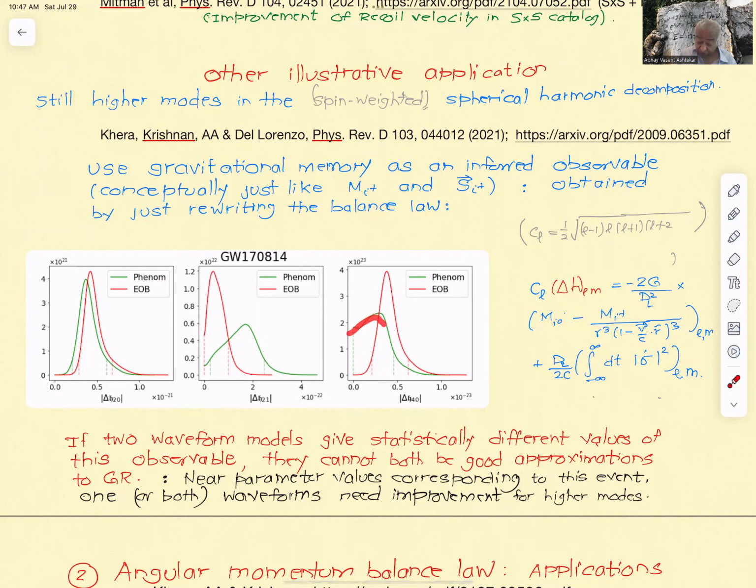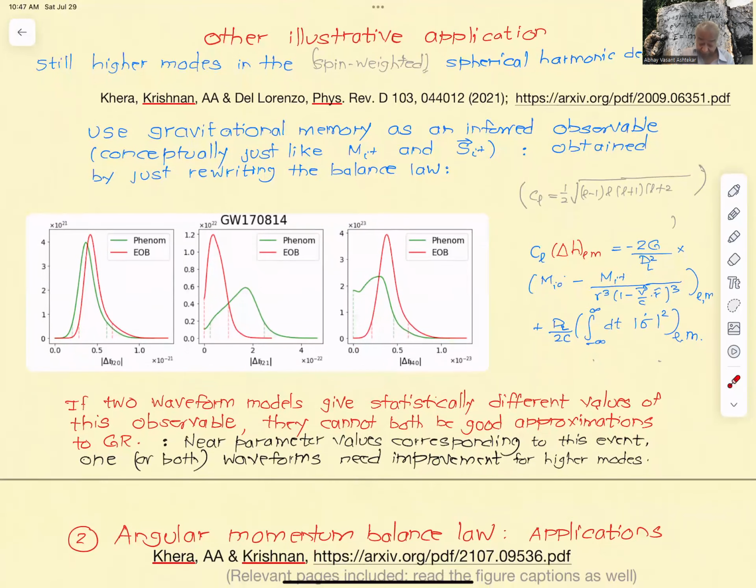In particular, for the Phenom model here, the shape is very strange, and you feel that somehow the observable is not being well measured here. And this waveform model gives statistically different values of this observable. So they cannot both be good approximations to the exact waveform model. At least one of them is wrong. Maybe both of them are wrong, in the sense that they are not accurate enough.